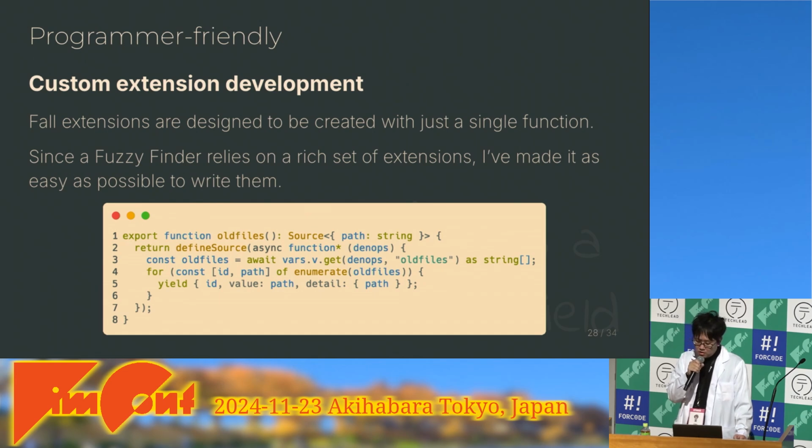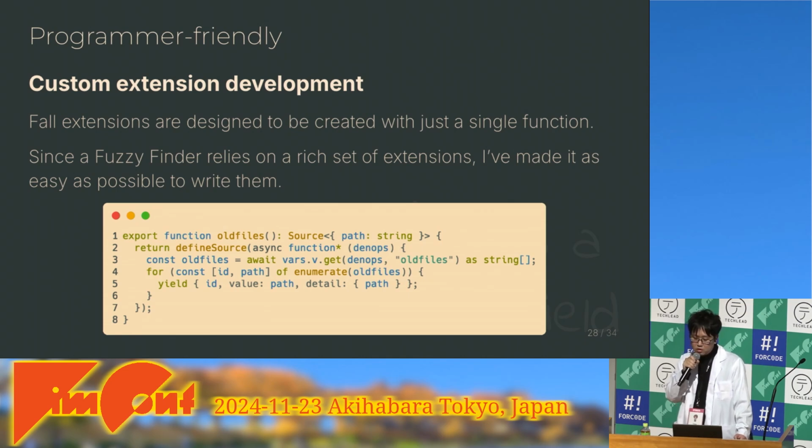For example, in the screenshot, you can see code that sets up a source using Vim's old files. The idea is simple. It uses Denops to pull the old files, make a minor adjustment, and return it as an async iterable. Similarly, other types of extensions like actions and matchers can be created just as easily.